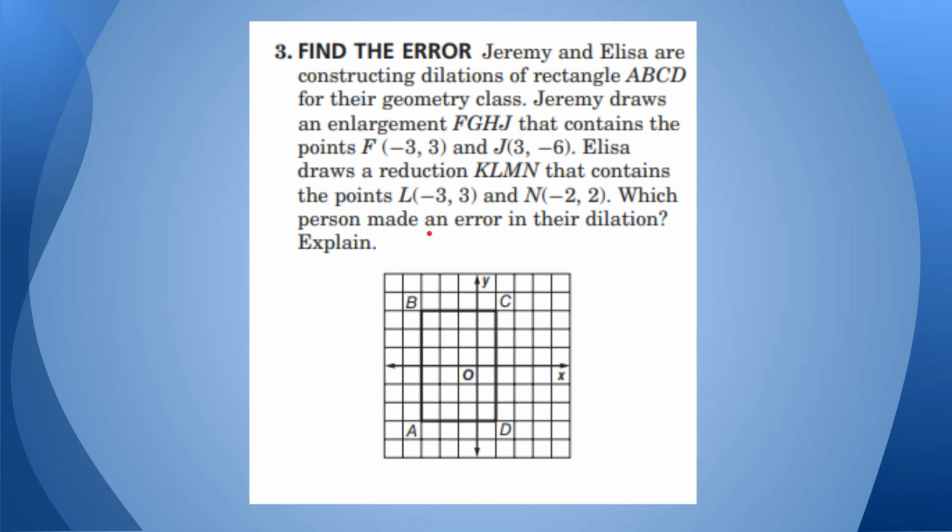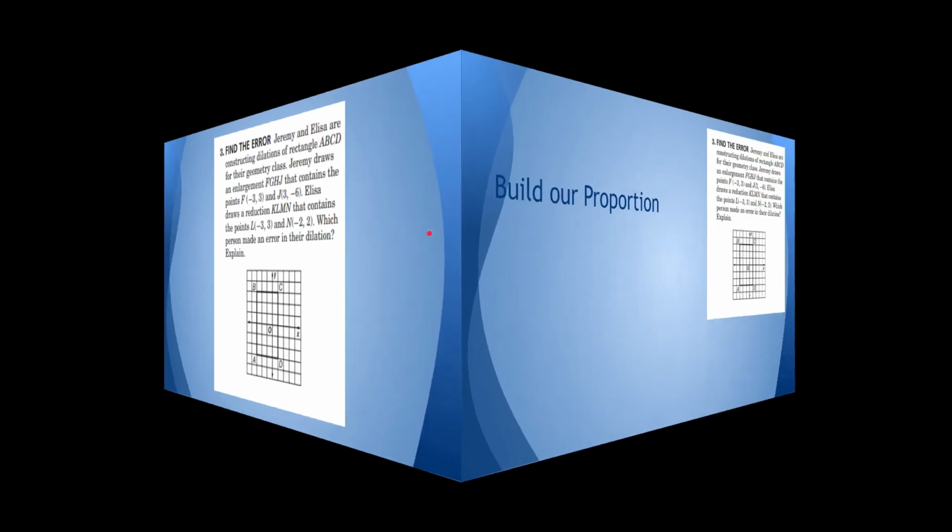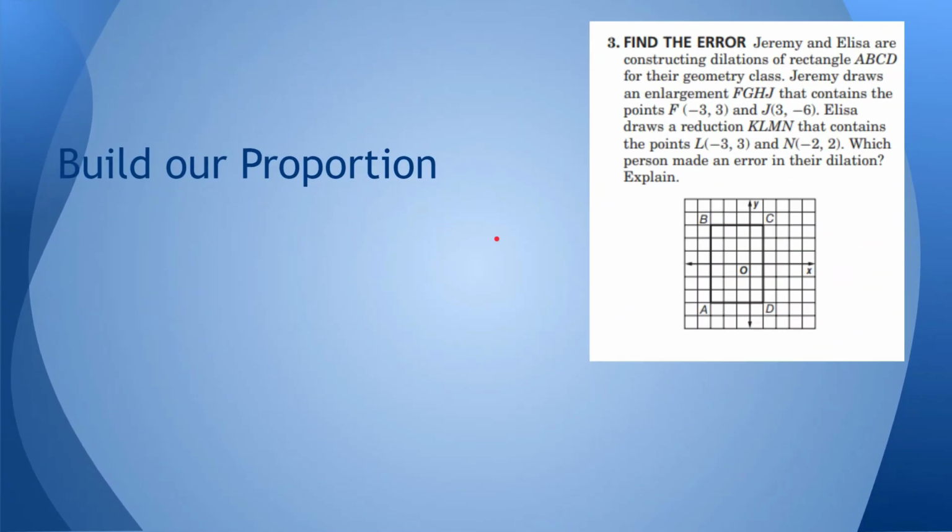So what we do here is we're going to put this problem to the side, and we're going to build our proportion. So I'm going to draw out this rectangle over here for you. Excuse me, this is actually going to be our original rectangle here, and we're going to count out what the length of this side is. We count 1 box, 2 boxes, 3 boxes, 4 boxes creates this side of the rectangle up there.